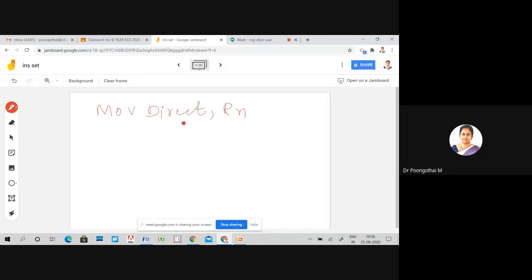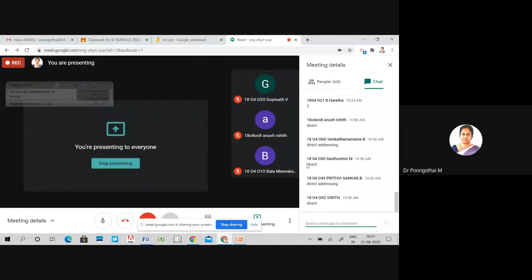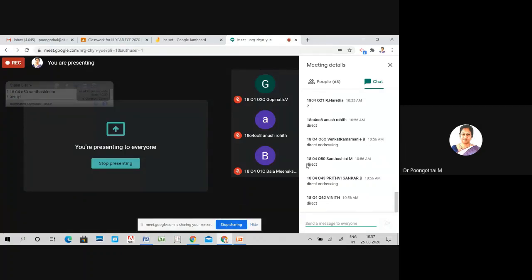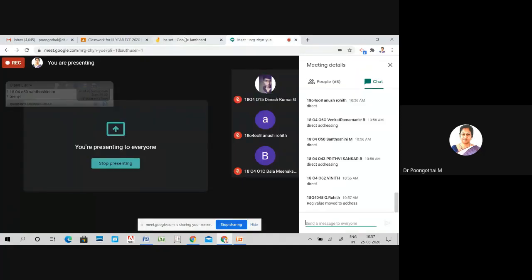Next instruction, MOV direct, Rn. What is the purpose of this instruction? Register value moved to address.